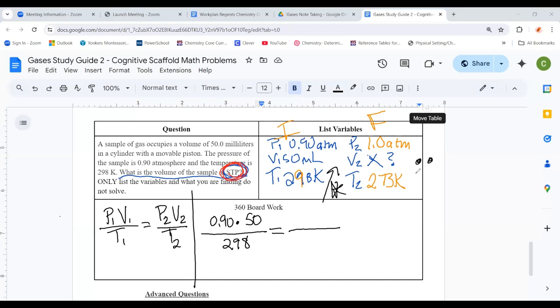This makes Mrs. Yowitz happy. Okay. All right. Pressure 2, 1 atmosphere. Volume 2, I don't know. I just don't know. Okay. We're going to solve for it. And temperature 2, 273.